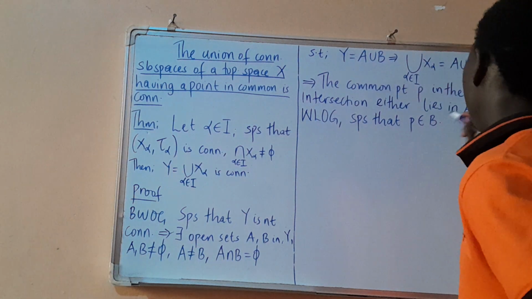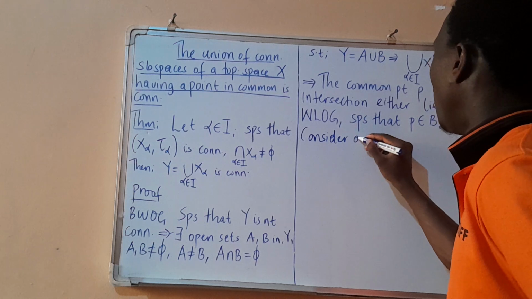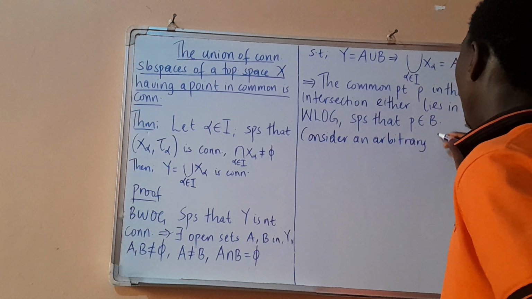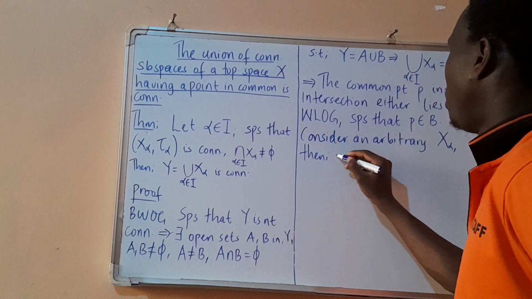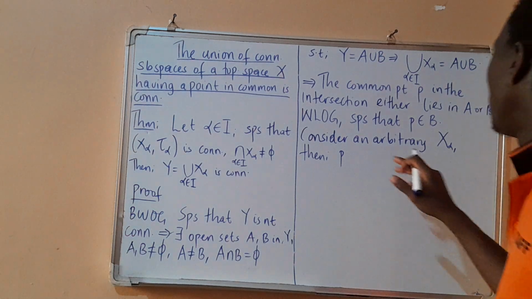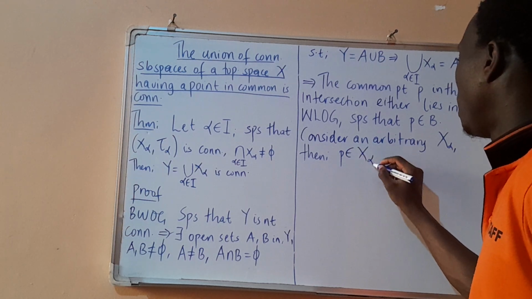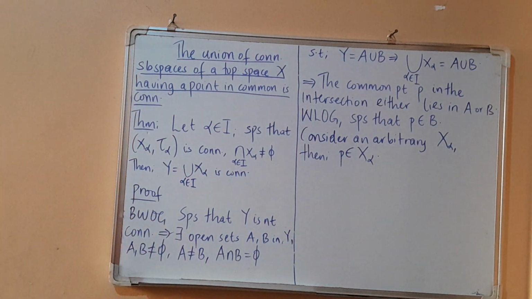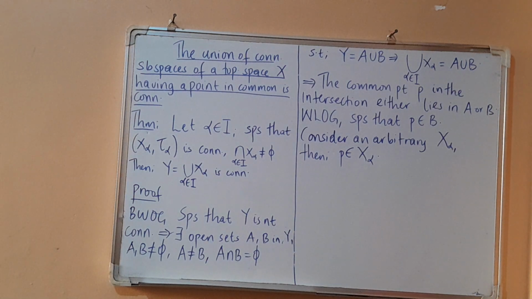Suppose that P is in B. Then we consider an arbitrary X alpha. Because the X alphas have a point in common, P is also in that X alpha. And what do we know about this X alpha?